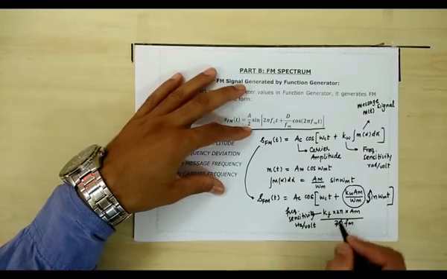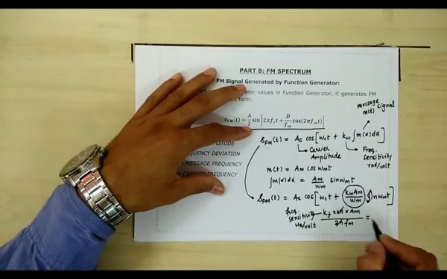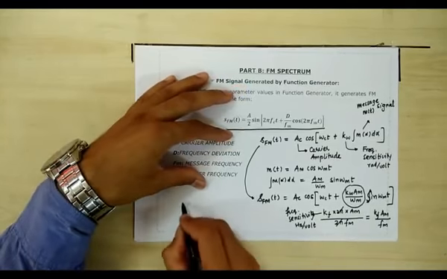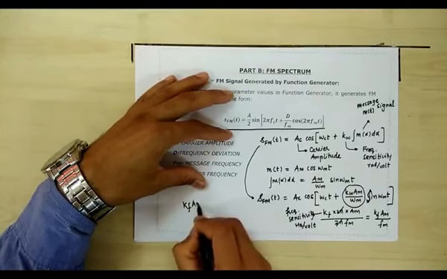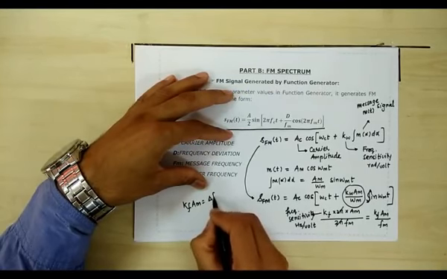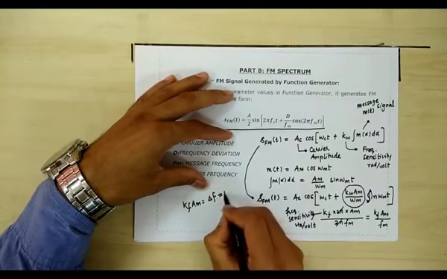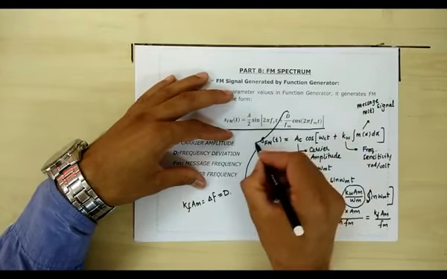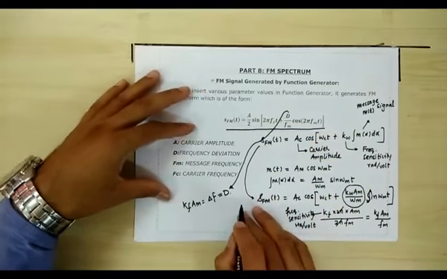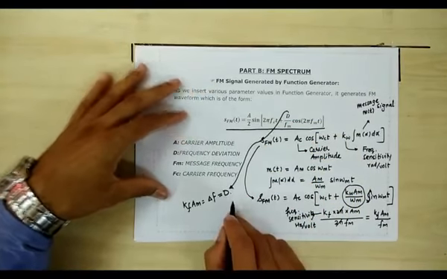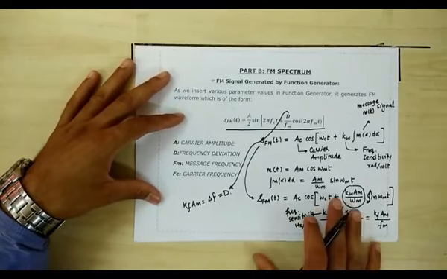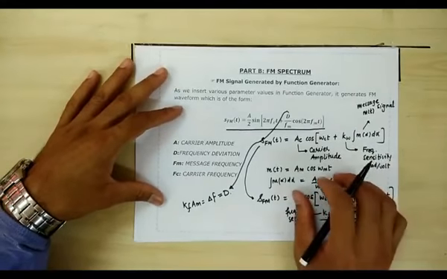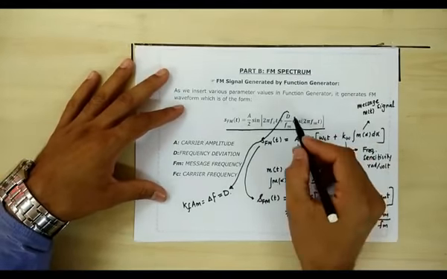So this 2 pi and 2 pi get cancelled, and you get Kf Am upon fm. This Kf Am we call delta f. This is the frequency deviation that you can see in the equation here. So this is nothing but D.